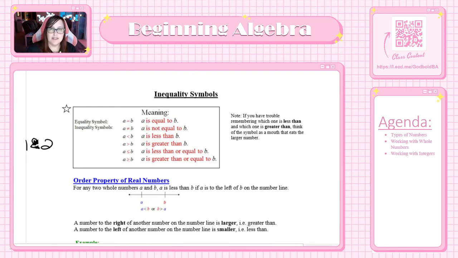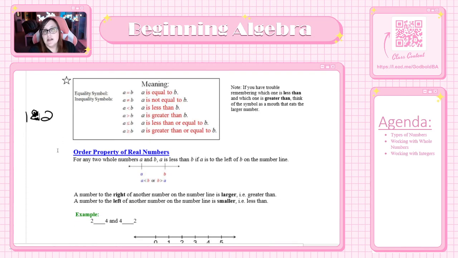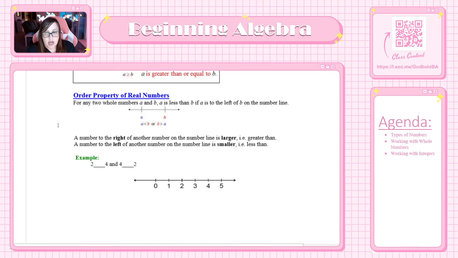So when you say A is less than B, that means A is to the left of B. If you see a greater than symbol, it doesn't mean the alligator wants to eat the B. It means B is to the right of A. Now obviously you can think about it as a little alligator eating the bigger number. That's fine. Do what you want. But that's the real reason for it.